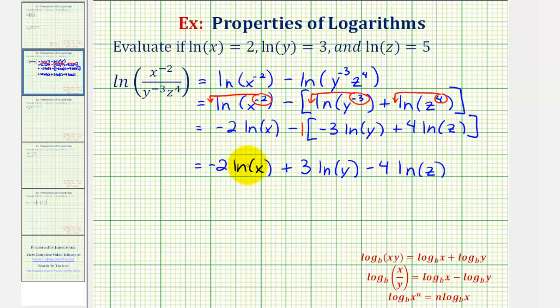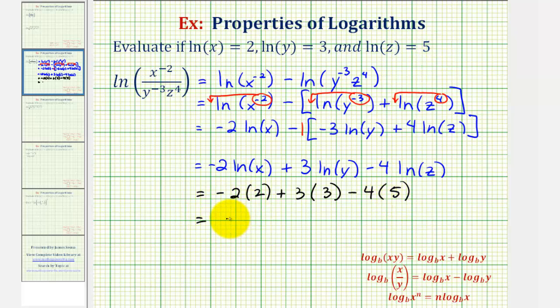And now in this form, we'll substitute the values for natural log x, natural log y, and natural log z. So we would have negative 2 times natural log x, which is equal to 2, plus 3 times natural log y, which is 3, minus 4 times natural log z, where natural log z is positive 5.